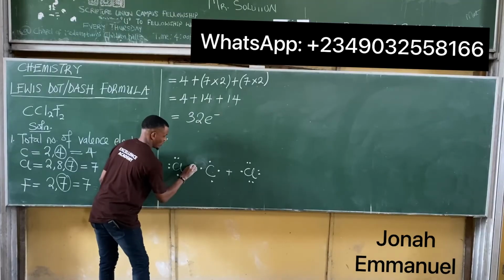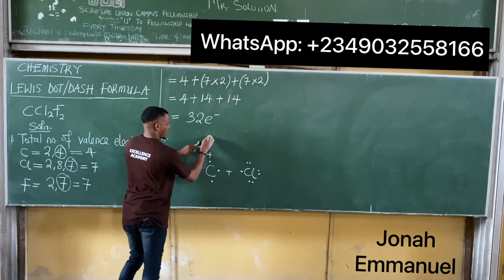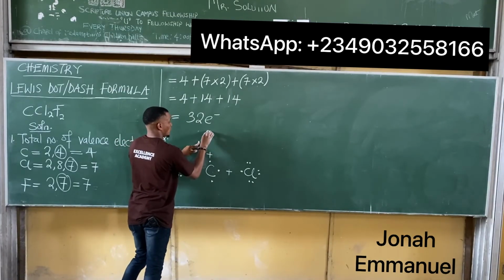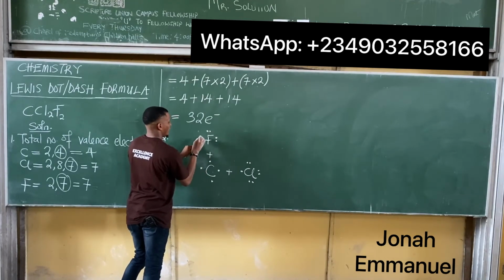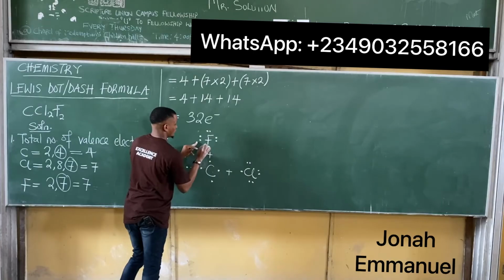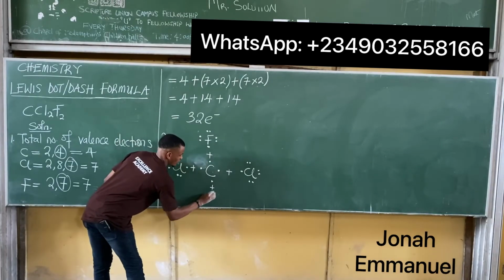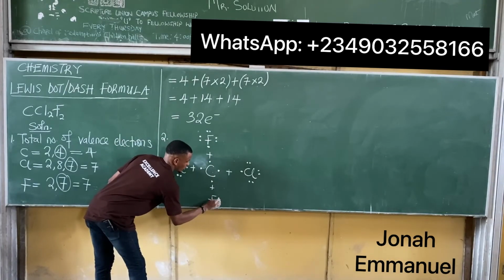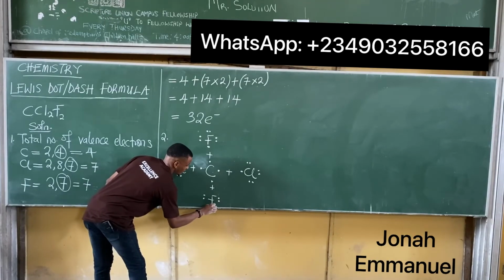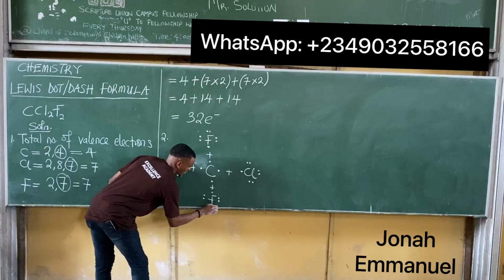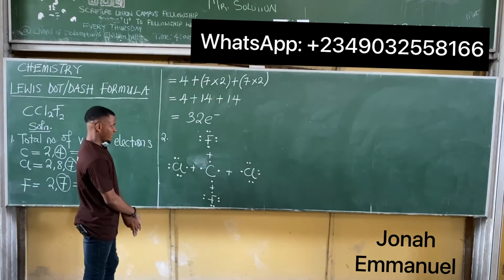Put fluorine downwards, with 1, 2, 3, 4, 5, 6, 7, and then another fluorine, again with 7.